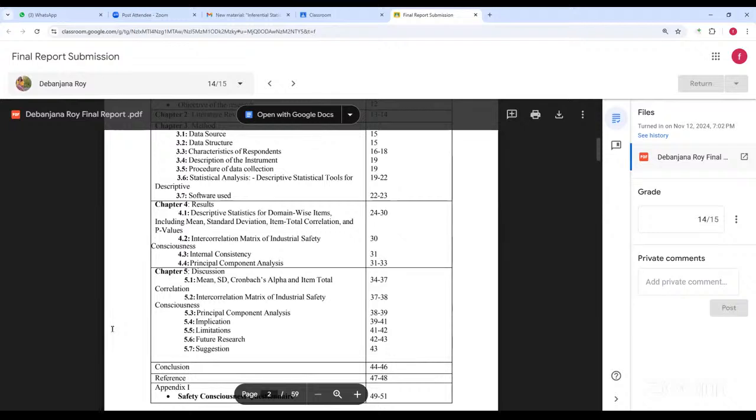Next is chapter 5. Chapter 5 covers the discussion.